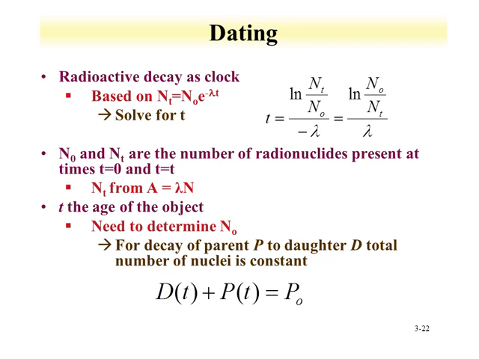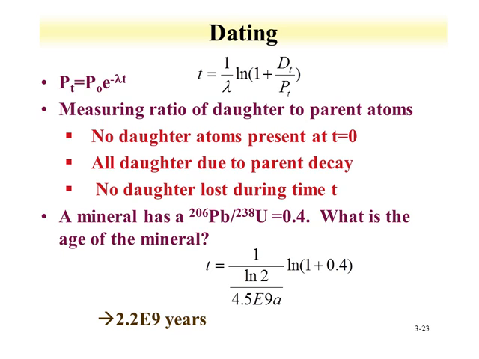If I make the assumption that the parent present at time t plus the daughter present at time t must be equal to the initial parent, then if I have one isotope decaying from one parent to one daughter and I measure it currently, that sum must equal the parent that was initially present. The assumptions for this dating mean that there are no daughter atoms present initially, that all the daughter is due to the parent decay, and that no daughter was lost during time t.